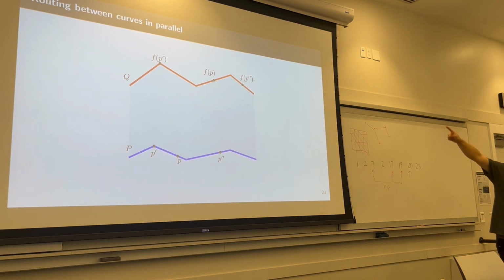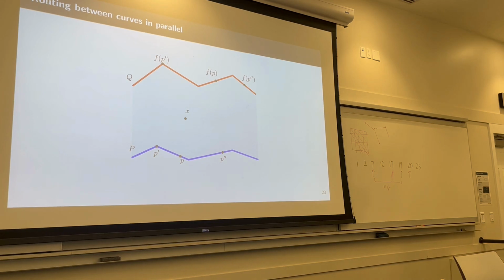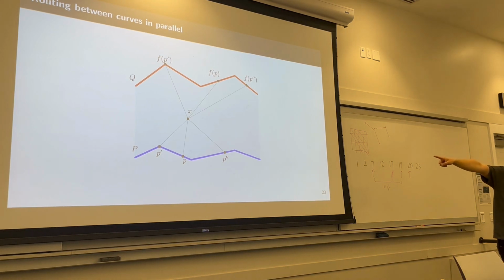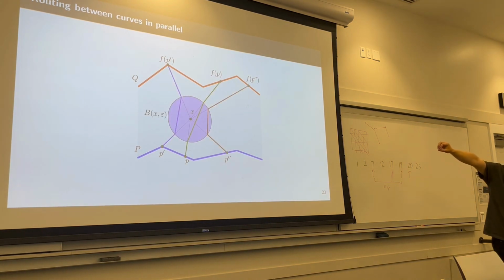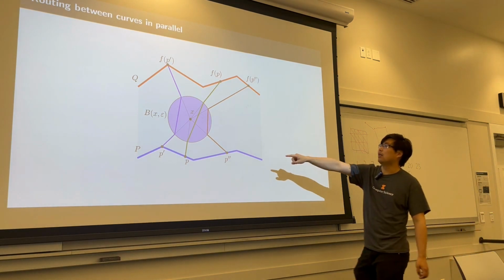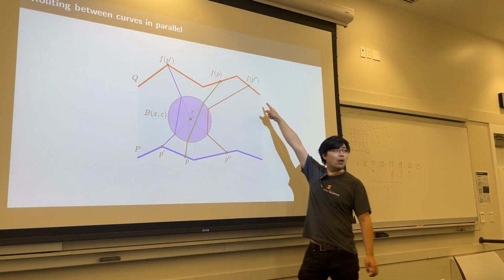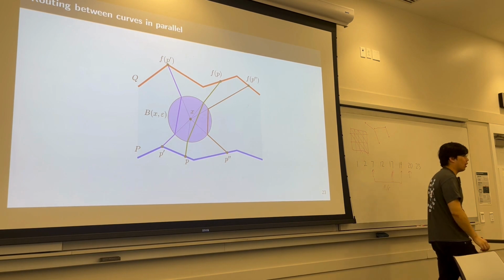And maybe you can't just draw the straight line. In this example, you could, but imagine that if the curves look wonky enough, then you can't just connect them with straight lines. What we can do is, if you had a single point in the middle that could see everything, then you could open up a little ball around here and then just go through this ball and not induce any crossings.